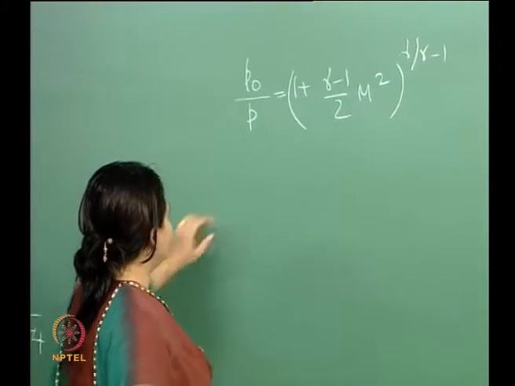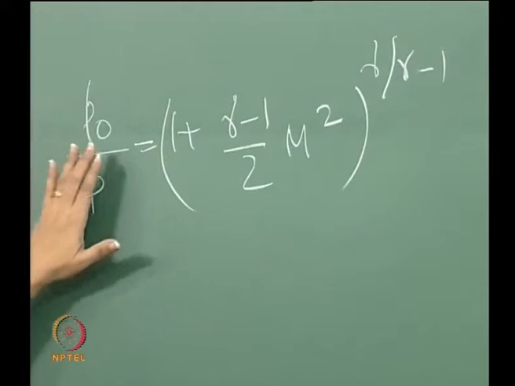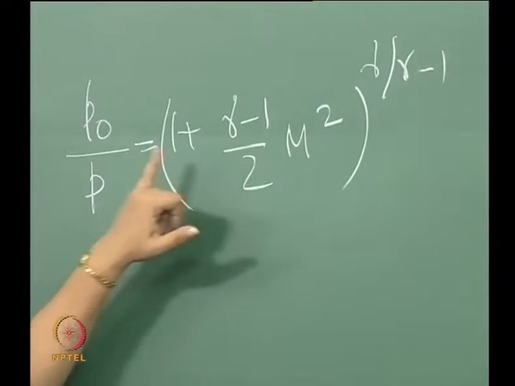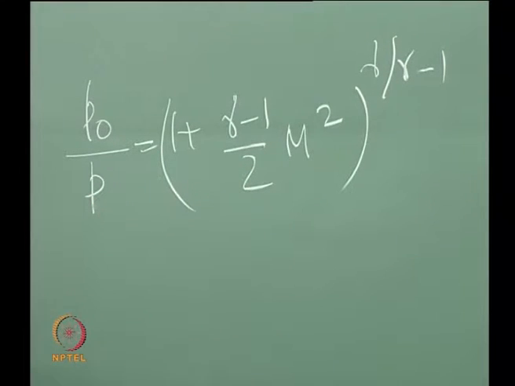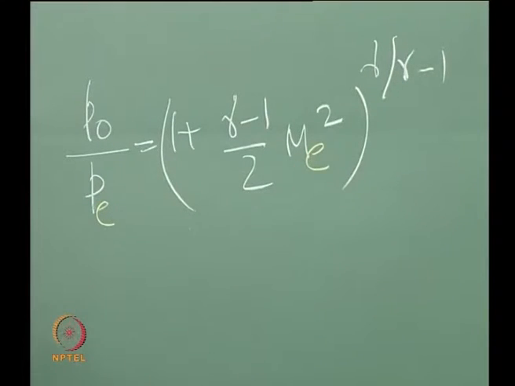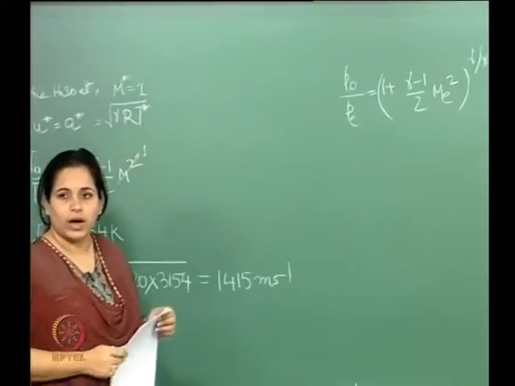So, we have this relationship of the stagnation pressure and the pressure anywhere in the nozzle with the Mach number. If I consider this as the exit, this is the corresponding exit Mach number. So, I am going to use this and find out the corresponding Mach number.